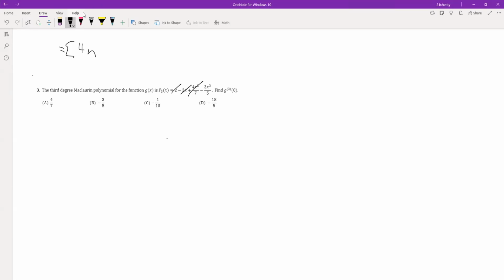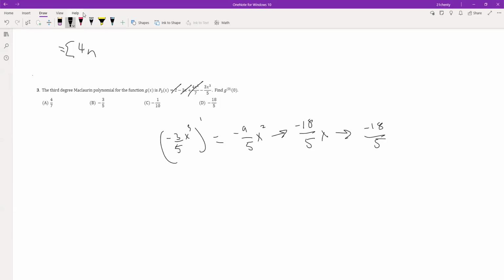And now we're at negative 3/5 x cubed, and so the derivative of that equals negative 9/5 x squared, and then the derivative of that, I guess I'll draw an arrow, is negative 18 over 5 x, and then the derivative of that is negative 18/5.